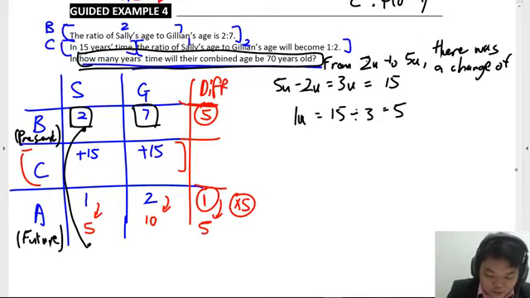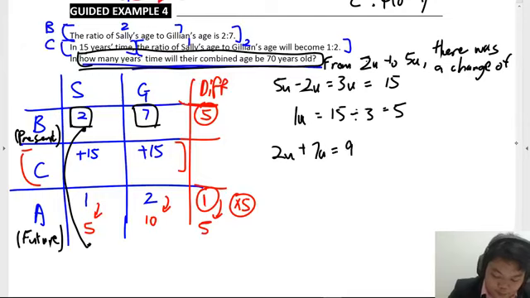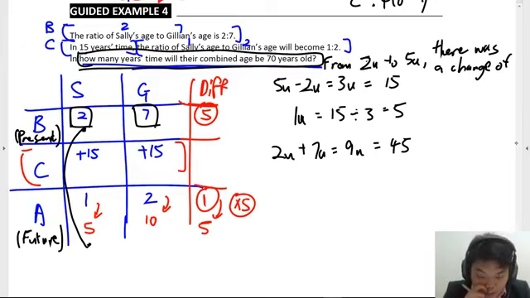So you can see that right now Sally is now 2 units. No, you know what? You combine these two up together, their total age right now is 9 units. So this will be 45. 9 times 5 to give you 45. And how many more years do we need to obtain 70 years old?